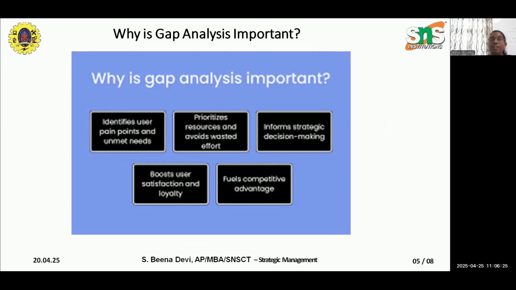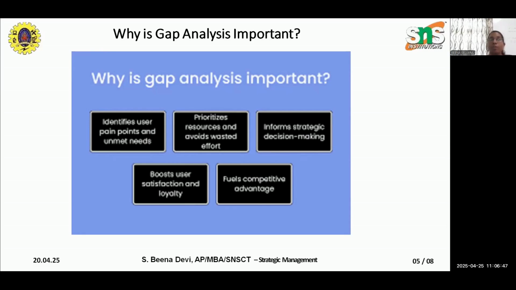Next, they need to prioritize the resources required and avoid wasted effort, and then it informs strategic decision making. What strategies need to be framed for decision making to improve performance, to reach where the organization wants to be?